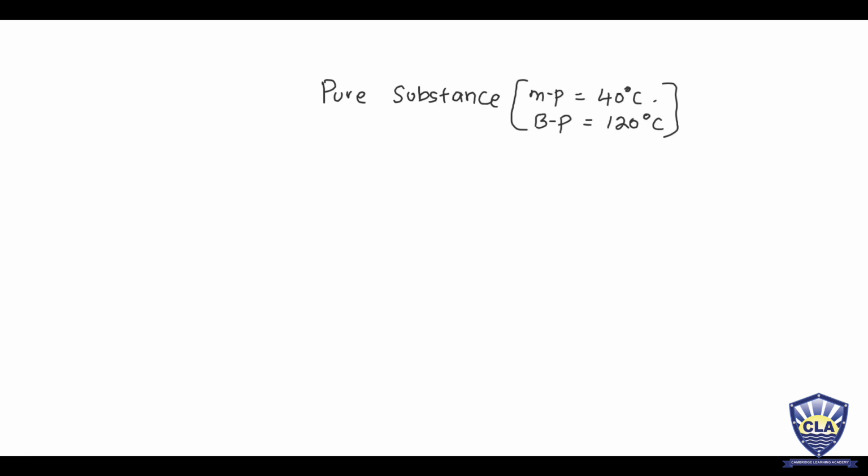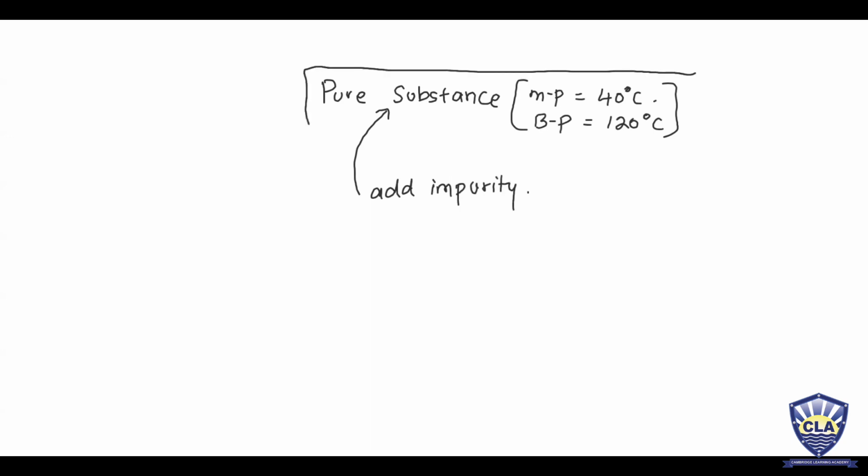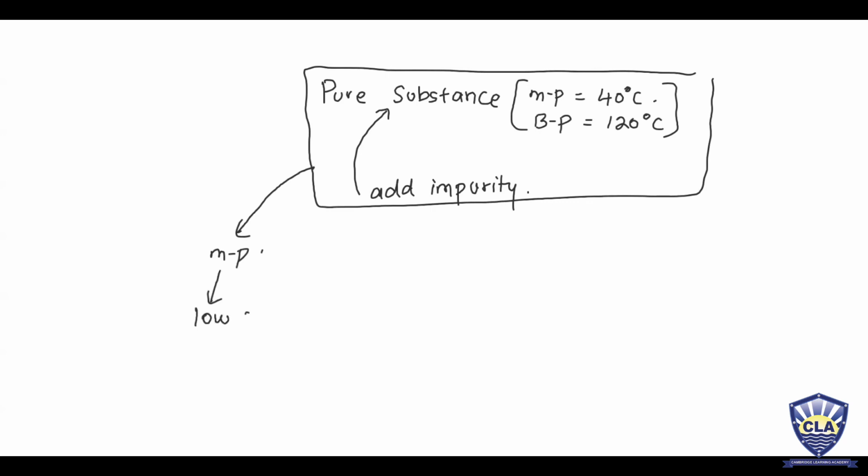Now what you are going to do, if you add any impurity inside the pure substance, any impurity. What this impurity is going to do is make its melting point low and its boiling point high.